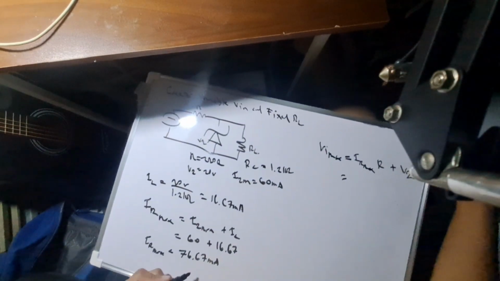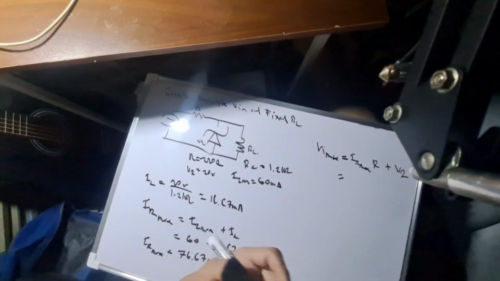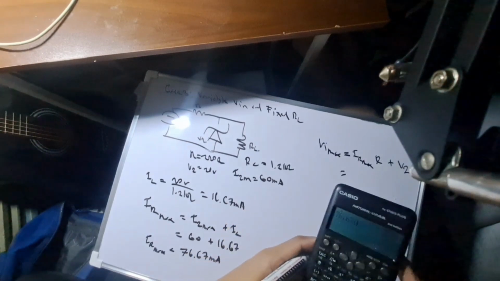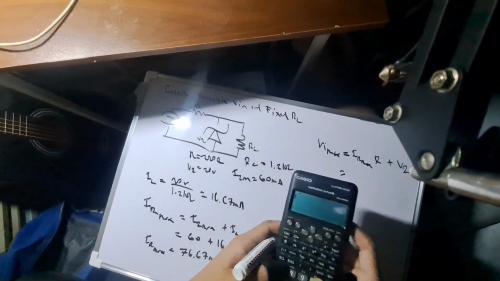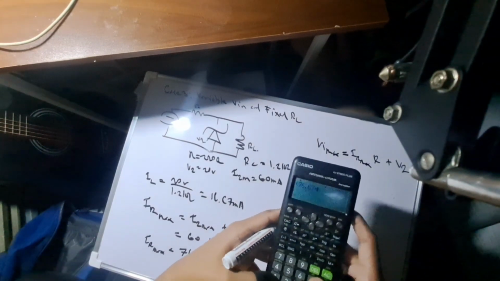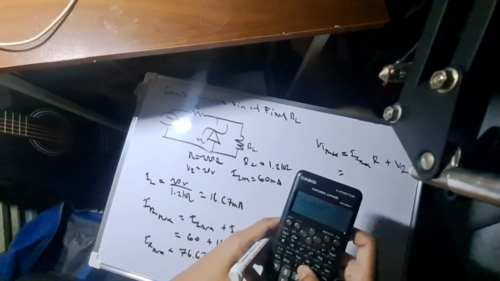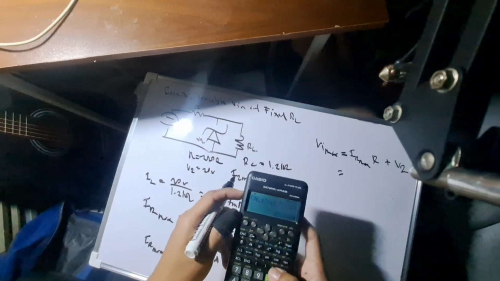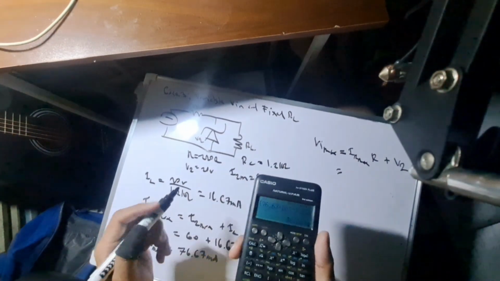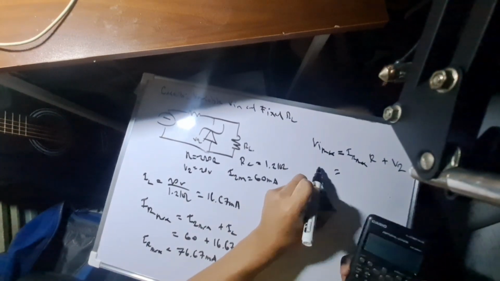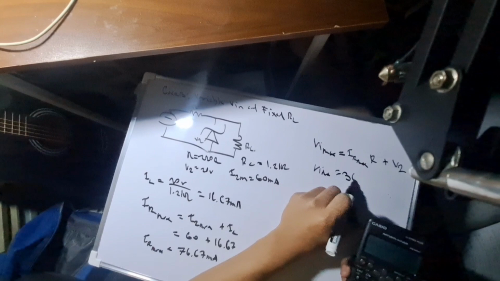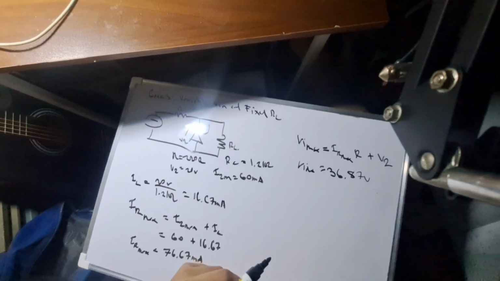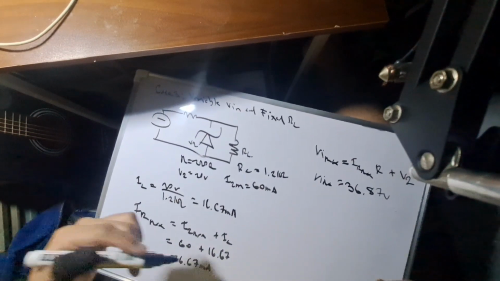So, ang IR max natin is 76.67 times 220, or para mas madali natin siya makita, we have 76.67 times 10 raised to negative 3 times 220 plus 20. So, we have 36.8674 or 87. So, ang VI max natin is 36.87 volts. So, ganun na siya. Mas kukunti ang solve niya kumpara kay case 2. Sa case 2 lang talaga mahirap.